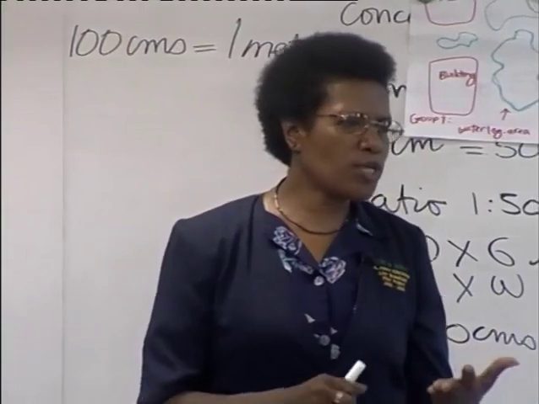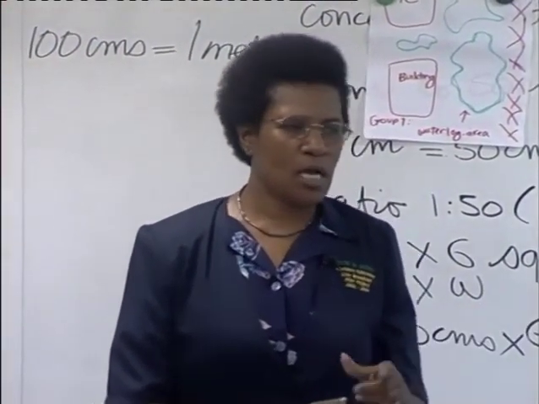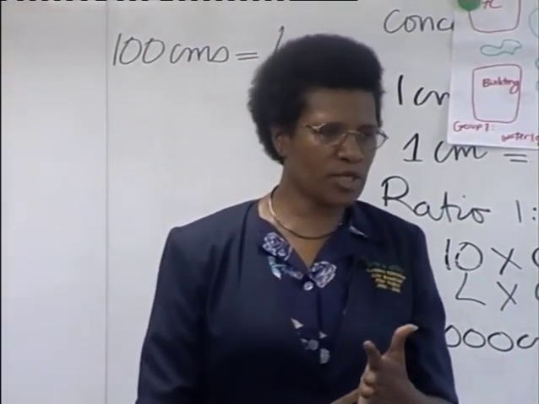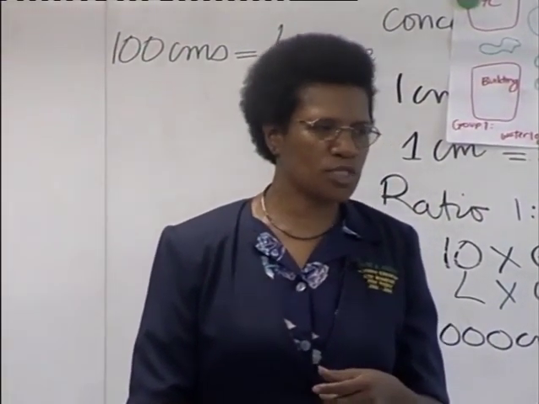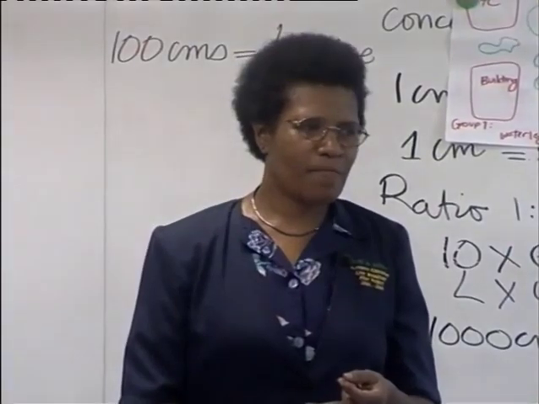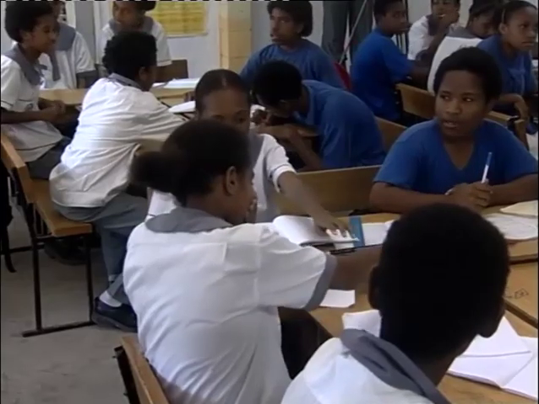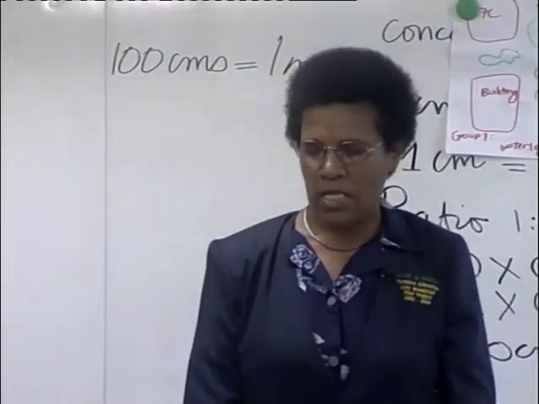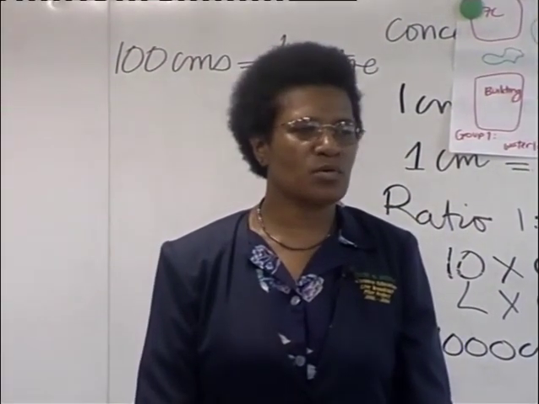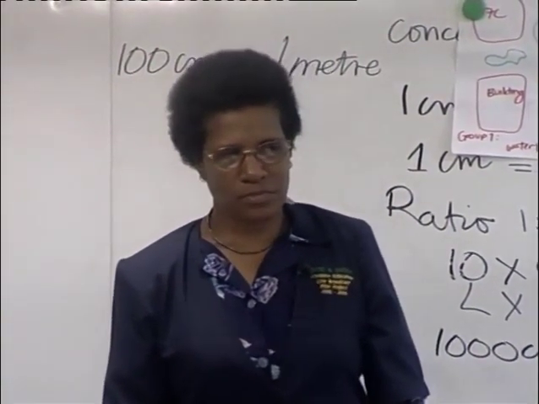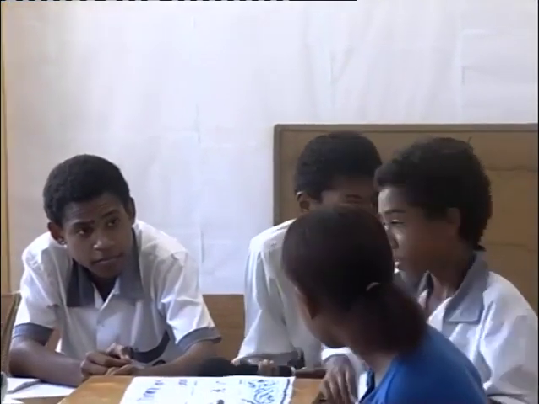The length and width of the area has to be measured in what? Patricia, what sort of unit of measurement are you going to use? Square meter. And the square meter, William, what do you convert it into? Centimeter.